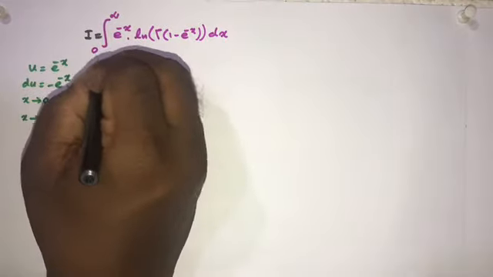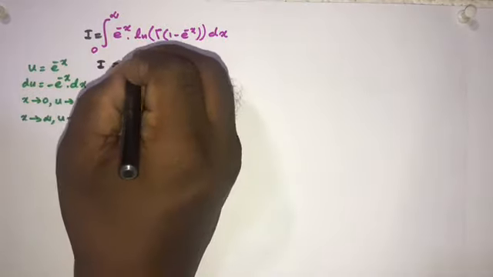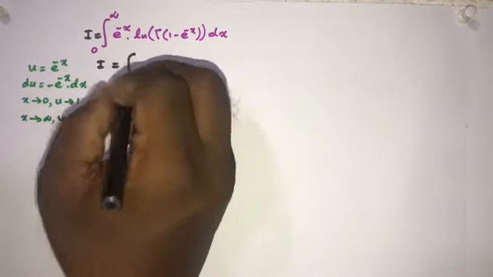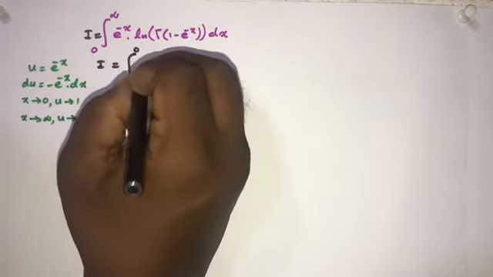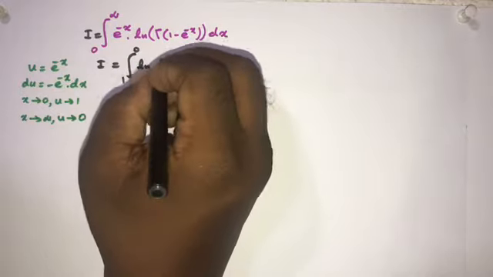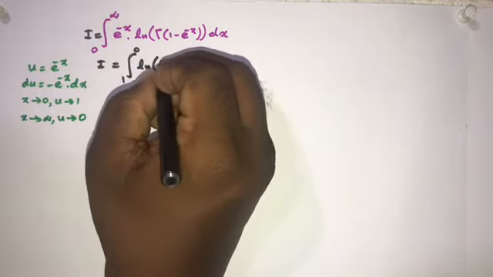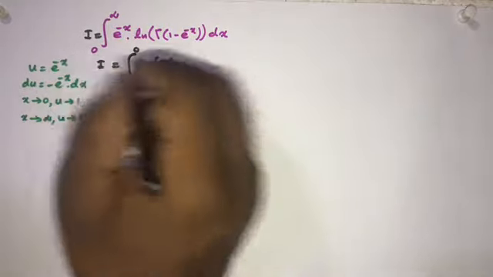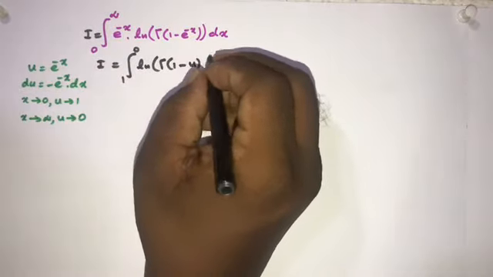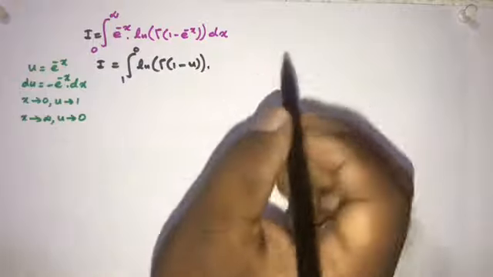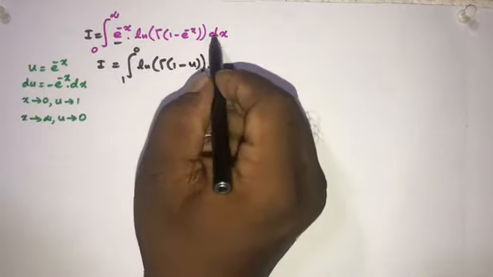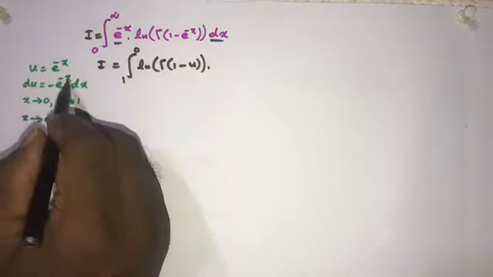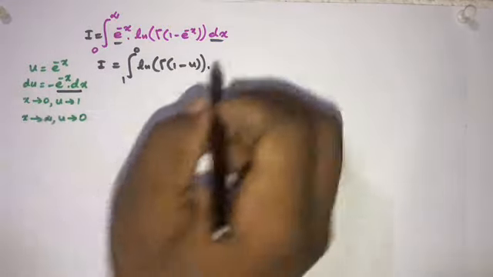Now our integral I is equal to, limit 1 to 0, natural log of gamma of 1 minus e to the minus x, we know u, so gamma of 1 minus u. Now here we have e to the minus x dx, so e to the minus x dx is equal to minus du.